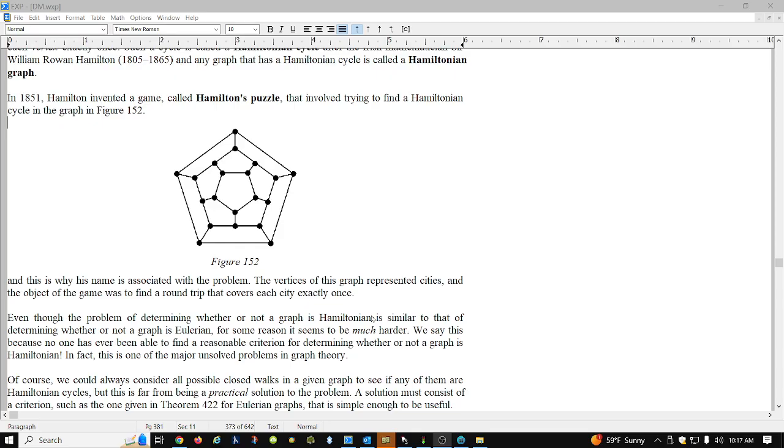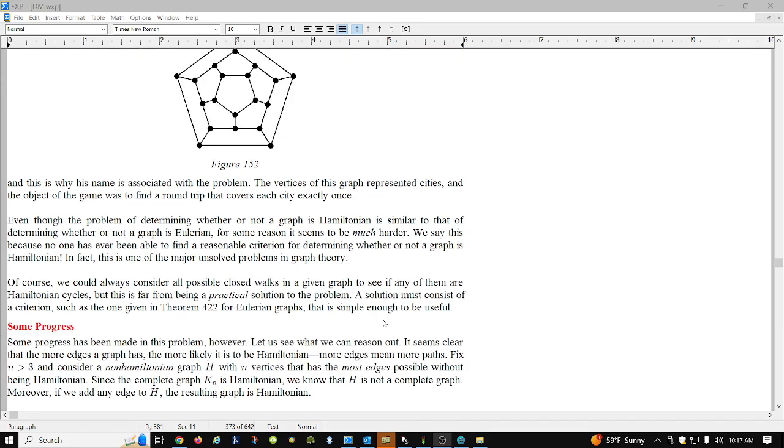It's still an open question and one of the major unsolved problems in graph theory. It would have significant applications if it could be solved. I mean, you can always go through the graph and consider all the possible closed walks and see which ones might be Hamiltonian cycles, but that's not a practical solution if the graph has any size at all.